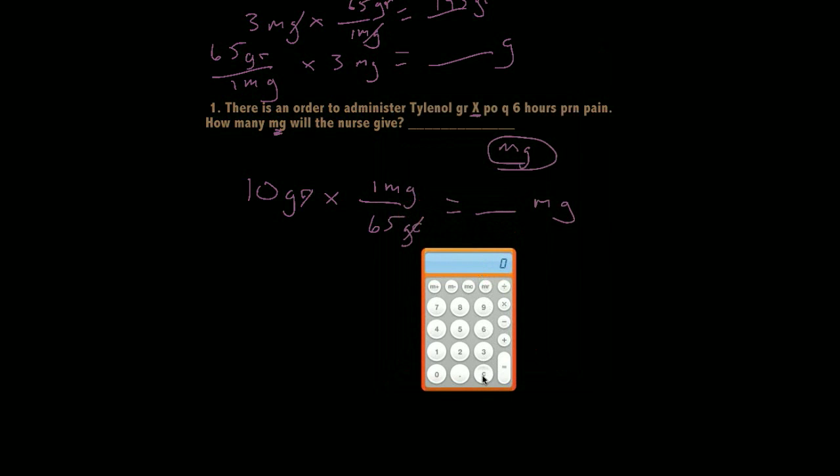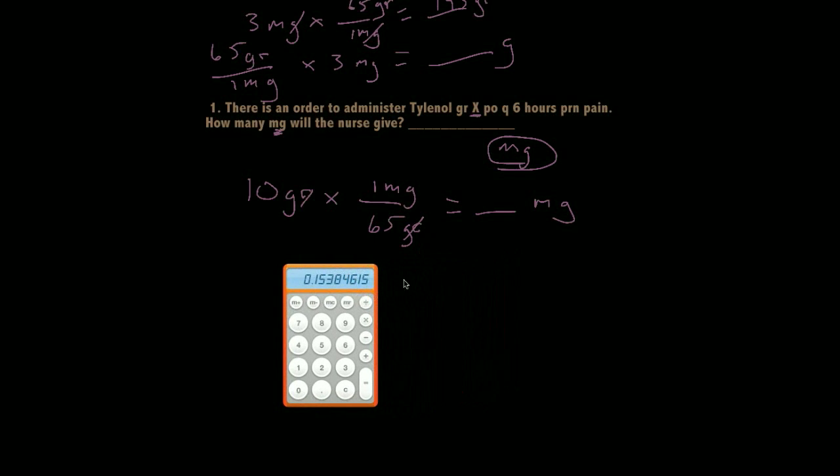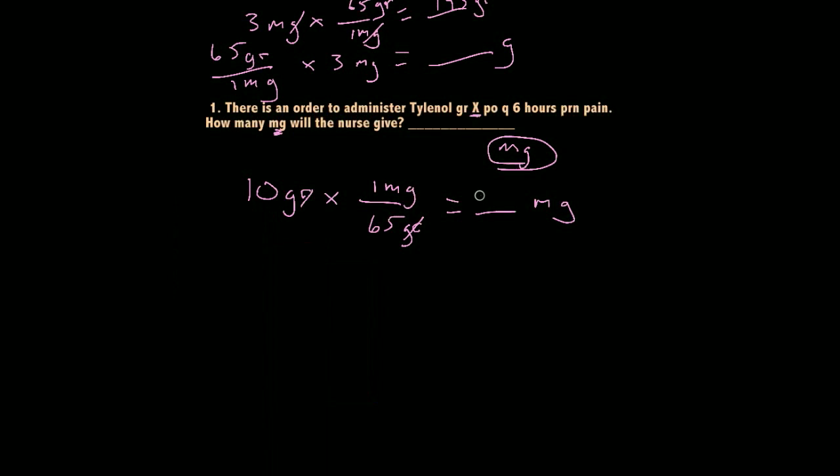Grab the calculator here. 10 times 1 divided by 65. Alright. So we're left with a weight problem. It's a volume, so we're going to go out to the thousandths place, round to the hundredths place. This is a 3, so it's less than 5, so I'm just going to have 0.15. 0.15 milligrams.